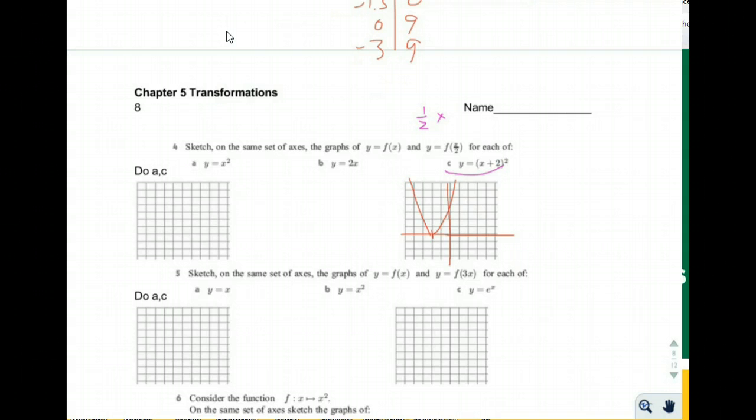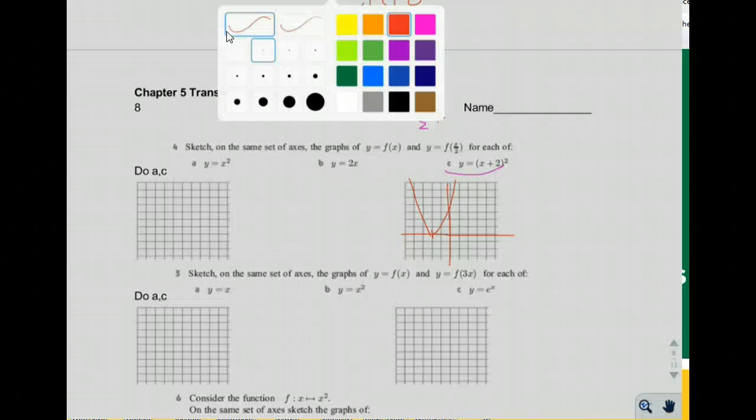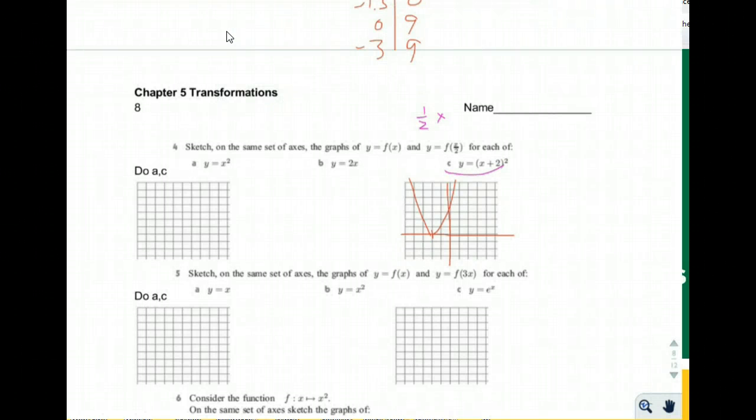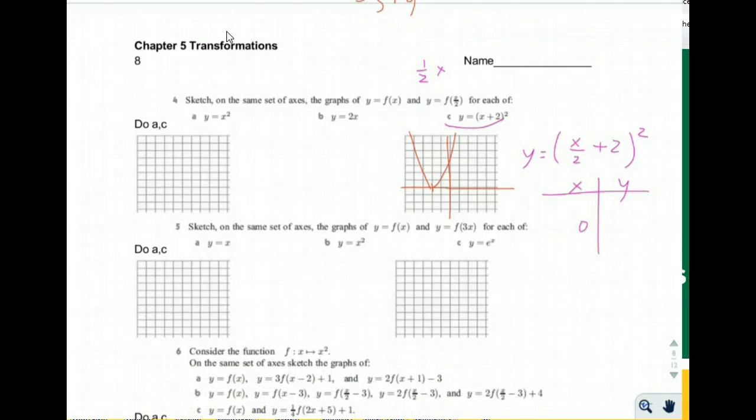Okay, that's the parabola. And then what happens if we put x divided by 2 in for x? Then we're going to get this function. And then we're going to make our little table and see what we get. So when x is 0, we have 4. When x is 2, we have 9.